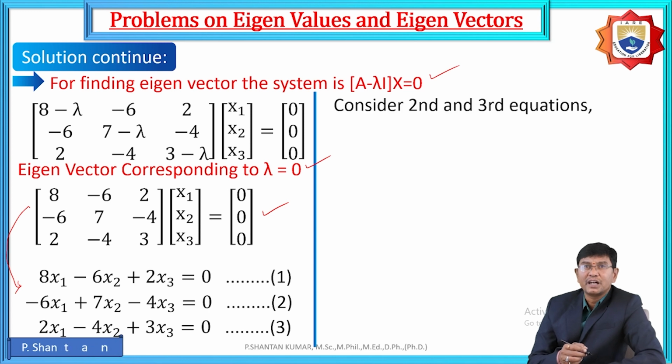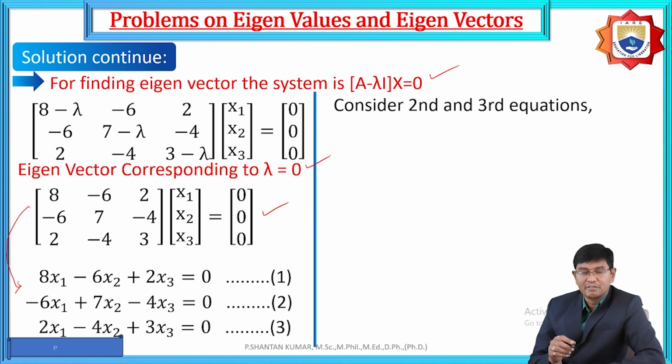Here I am going to select the second and third equations. Taking the first and second or the first and third is also no problem, but I took the second and third because the three equations are different. Here, we need to observe the columns repeated: first column, second column, third column.